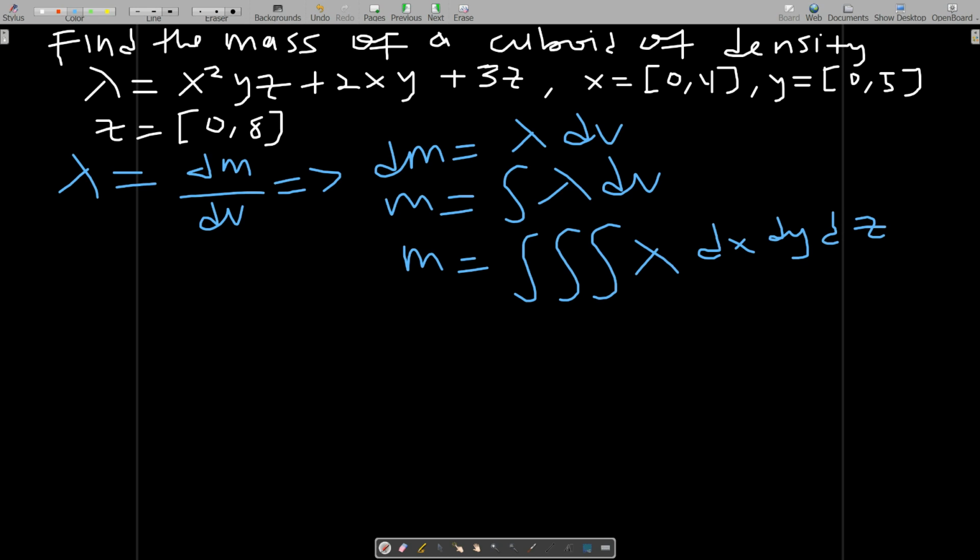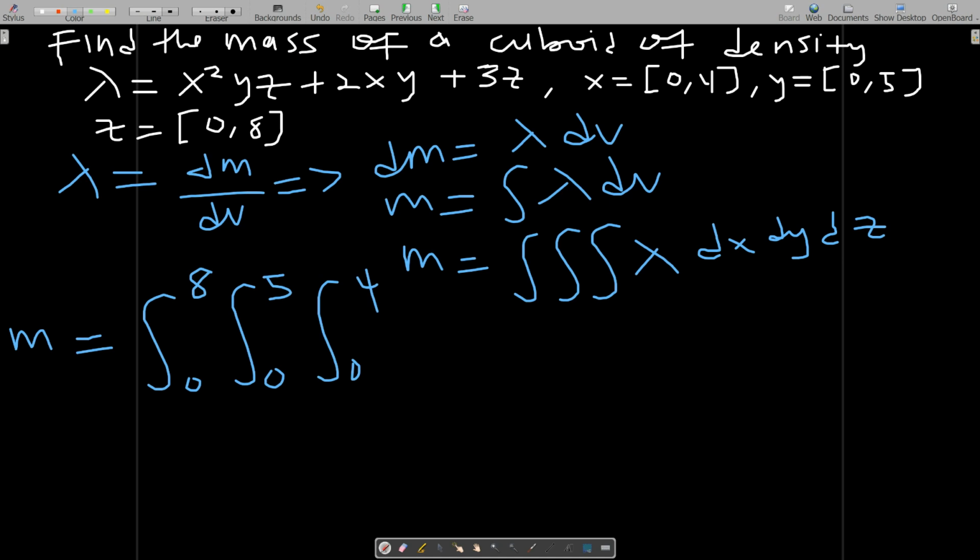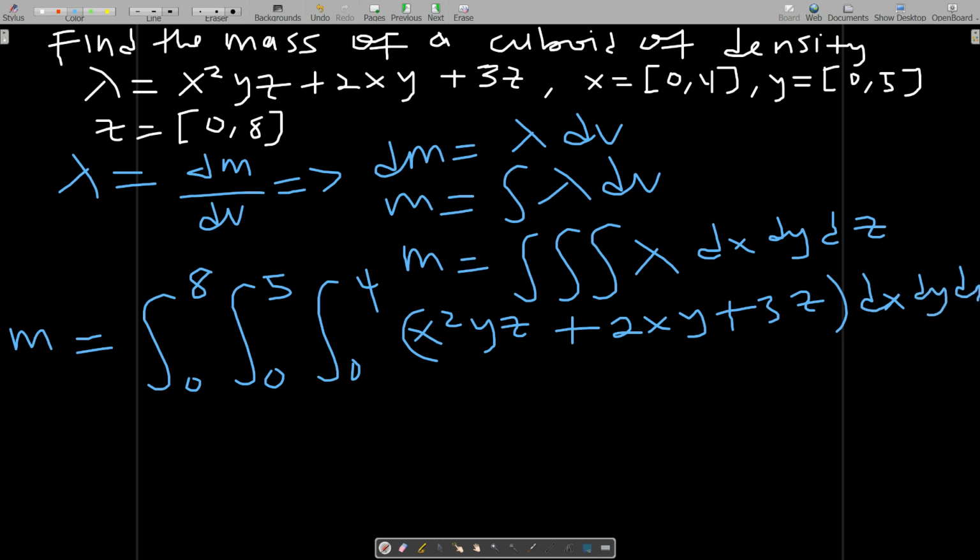So my m is actually equal to, now z is from 0 to 8, y is from 0 to 5, my x is from 0 to 4, then my lambda is x squared yz plus 2xy plus 3z, dx dy dz. If you do everything properly, it's from 0 to 8, from 0 to 5.